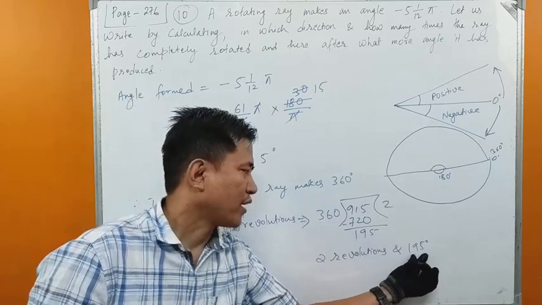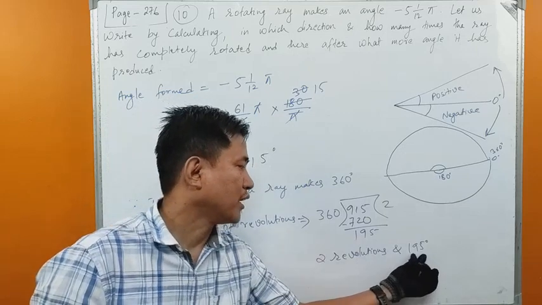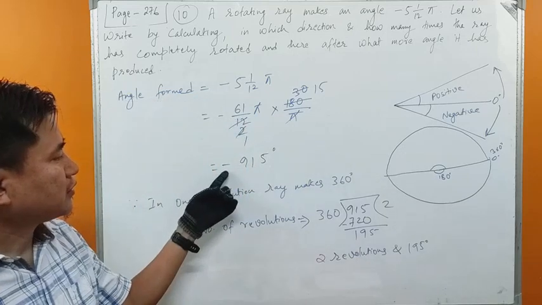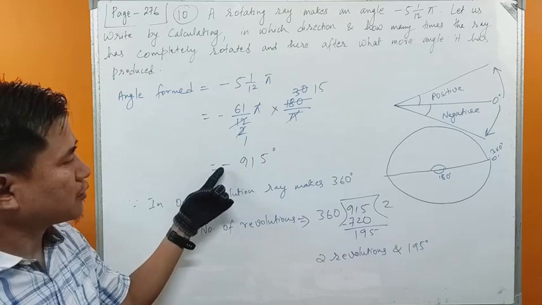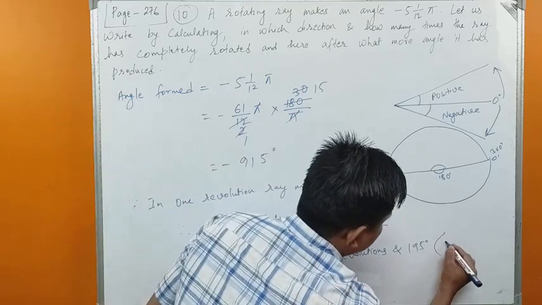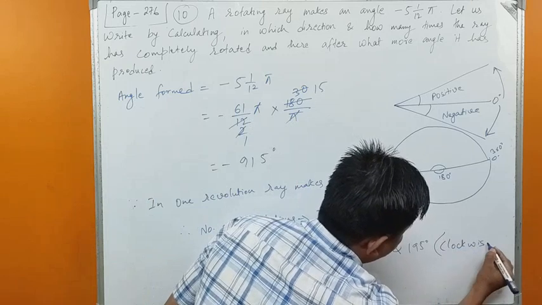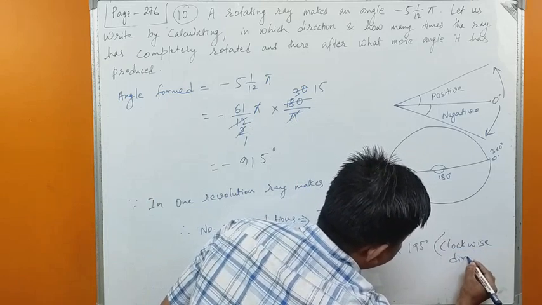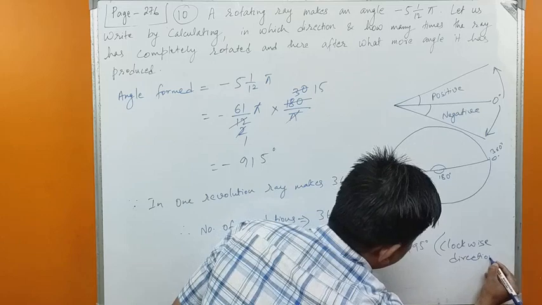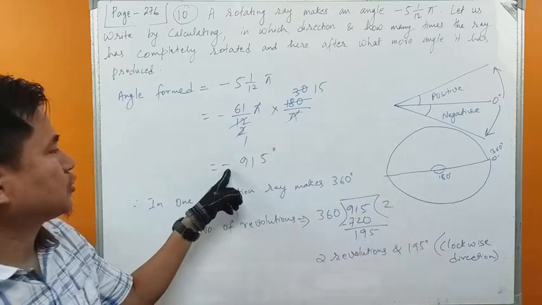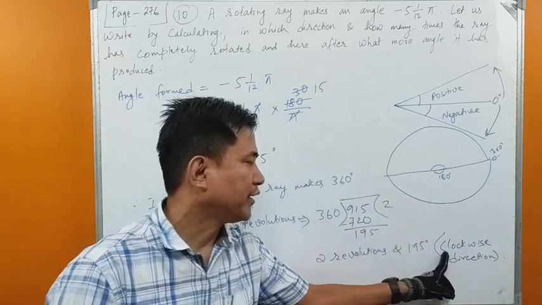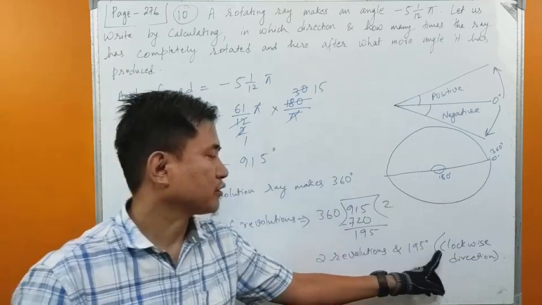And the direction? The direction is negative, and negative means clockwise direction. If this was positive, then it would have been anti-clockwise. Now this is negative, so this is the clockwise direction.